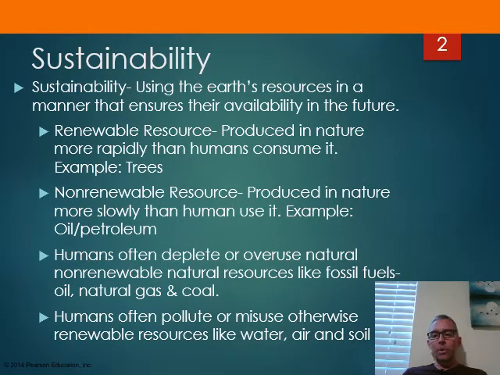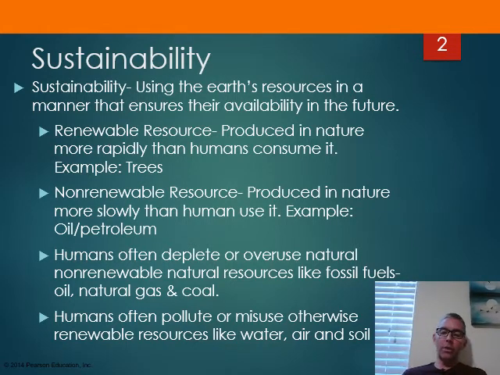So renewable resources you're probably familiar with, and in geography we would refer to a renewable resource as one that's produced in nature more rapidly, or at least as rapidly as humans can consume it. So trees, I mentioned. Sustainability of the oceans is a major concern.